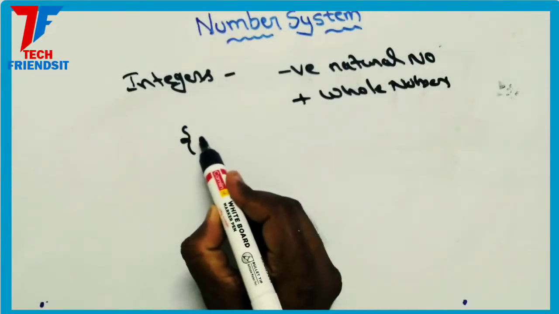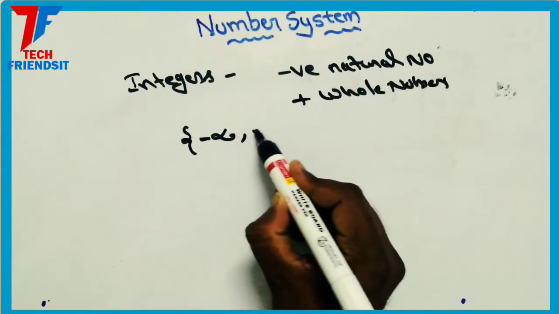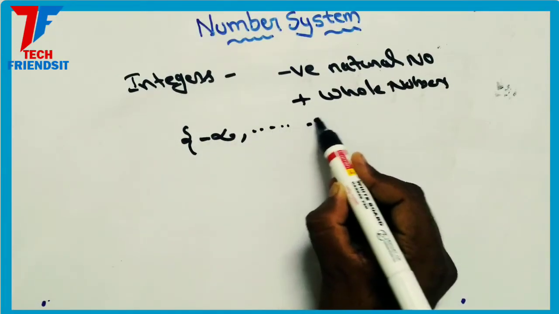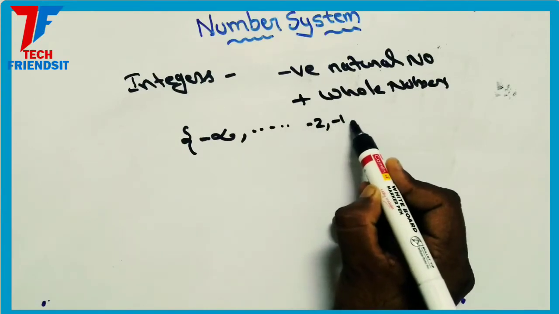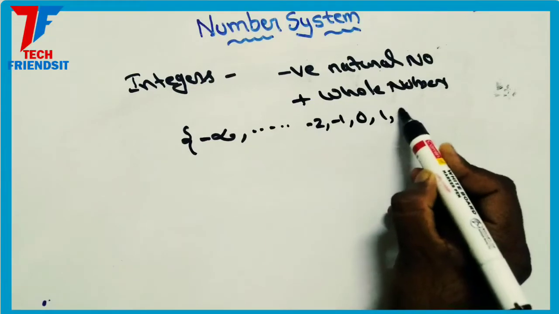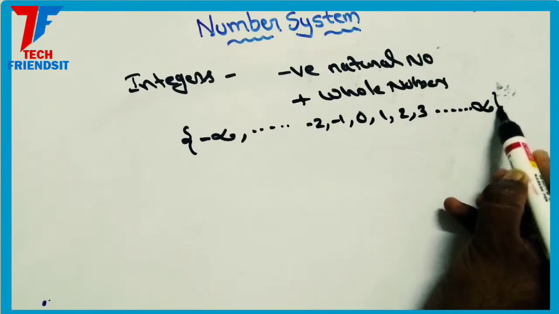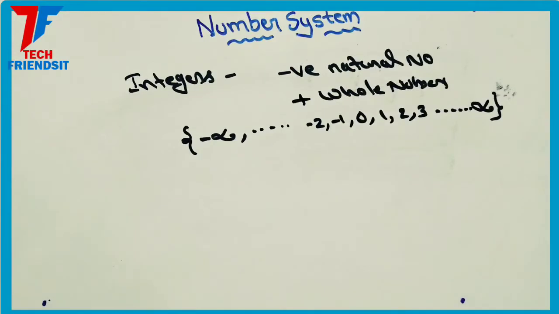So starting with minus infinity, and so on, minus 2, minus 1, 0 and 1, 2, 3 till infinity. These are called integers.